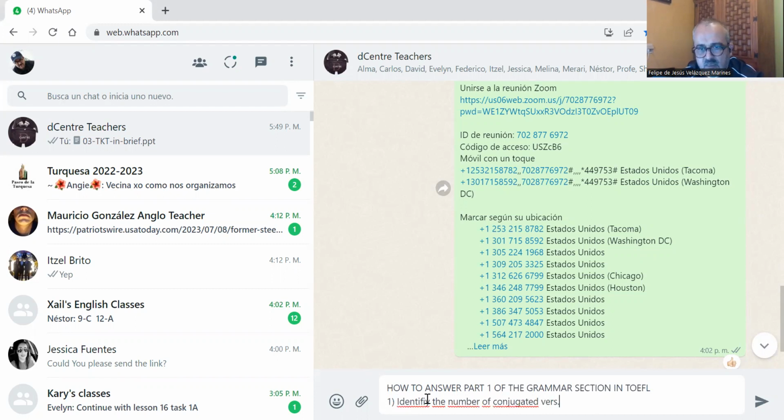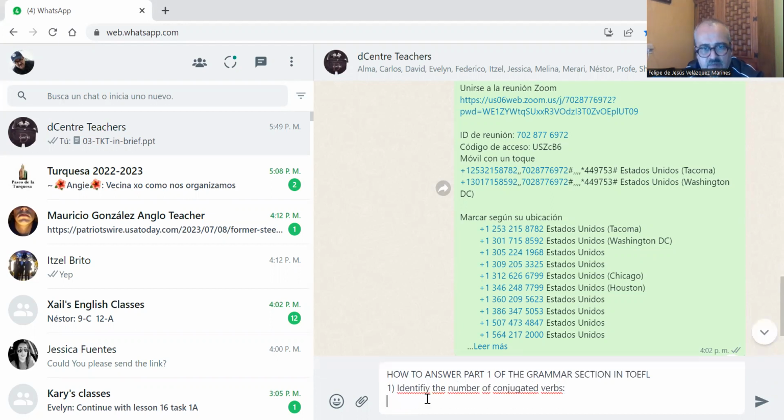What is a conjugated verb? A conjugated verb is present simple, for example: work, play, study, run, eat, sleep.